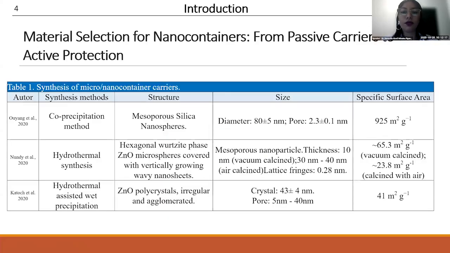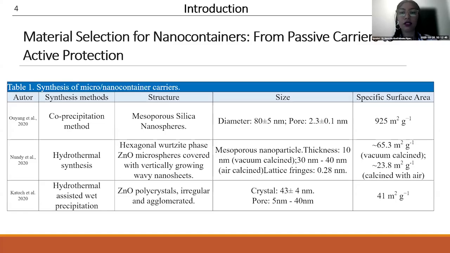Well, the choice of container materials is crucial. Silica, for example, has chemical compatibility with the epoxy matrix, and also has a high loading capacity, which is determined by a specific surface area.